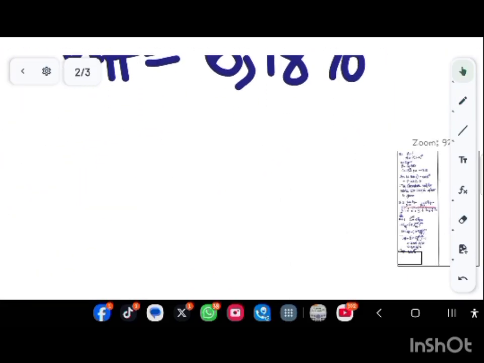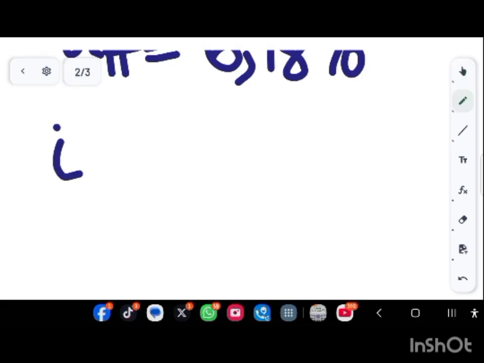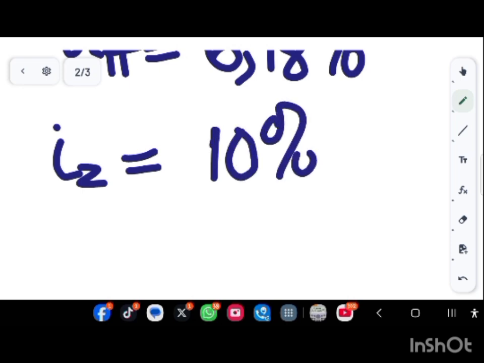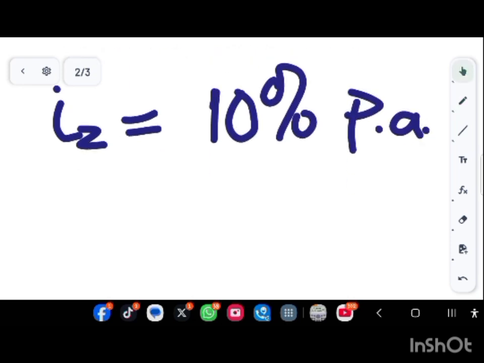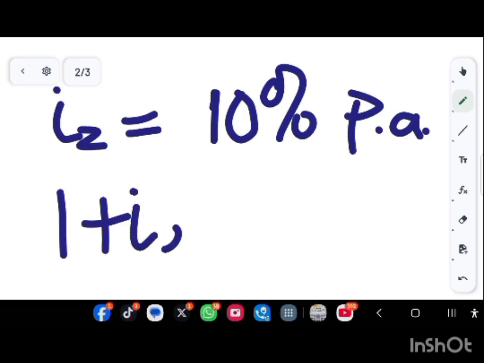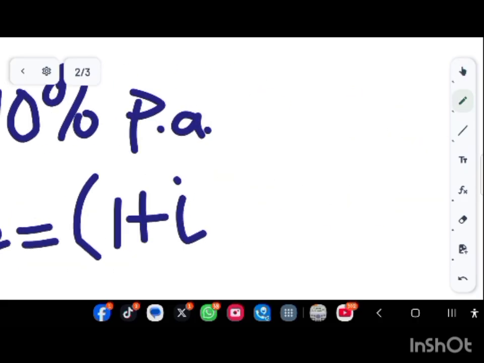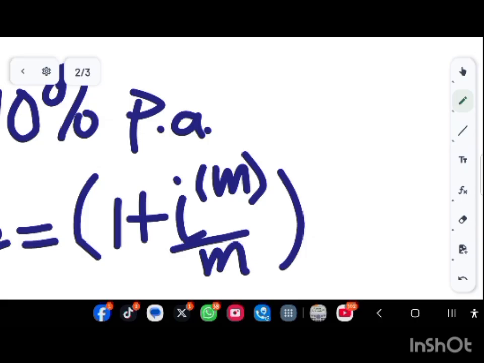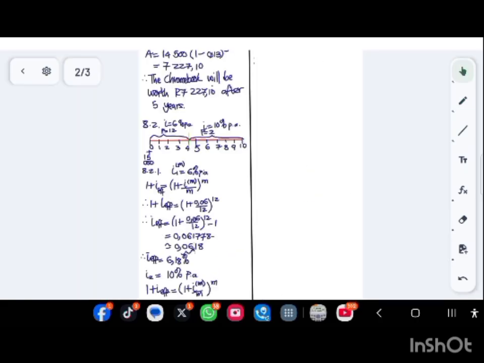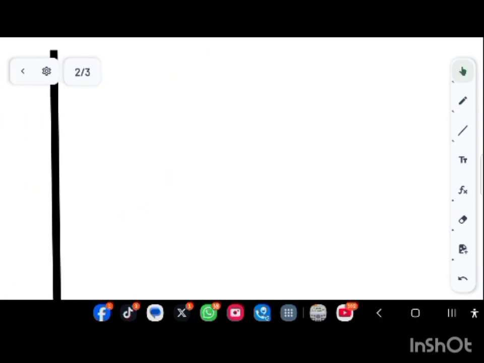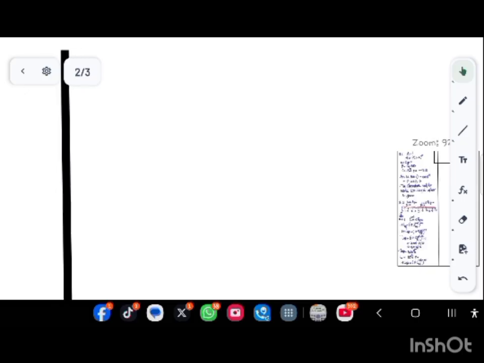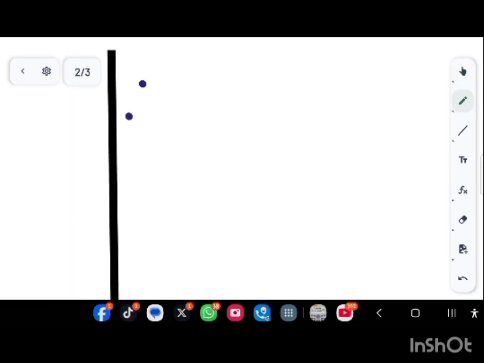Same story we do with the other one. We've got I2 in this case equal to 10% per annum, the second interest rate. It's compounded twice a year, so that's 1 plus I effective equals 1 plus I m over m, all raised to the power of m. Like I said, always write the equation first that you're going to substitute into, and then next you substitute; you get 2 free marks for that.